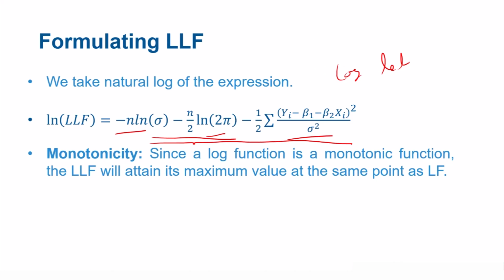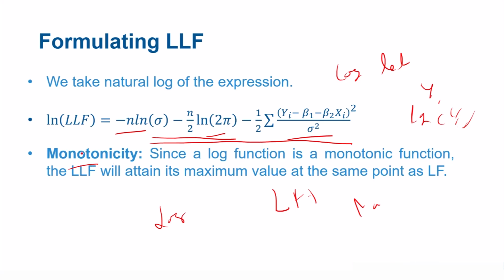And please note this log likelihood function, log has the property of monotonicity, which means in the original likelihood function, wherever the maxima or minima was, that maxima or minima remain the same in the log form also. So if the function has a maximum at a certain point yi, the natural log of yi will be the maxima of the log transformation.